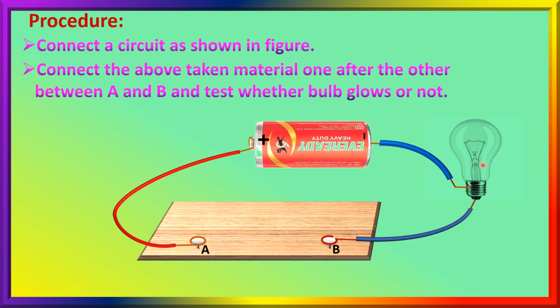Hence, bulb doesn't glow. Now, I will complete the circuit by connecting the given material one after other between A and B. Isn't it? So I will connect the material one after the other between A and B, and I will test whether bulb glows or not. Okay.